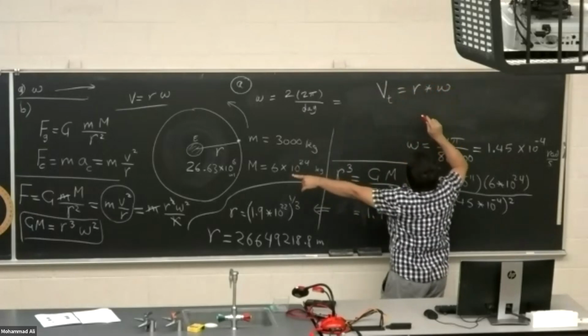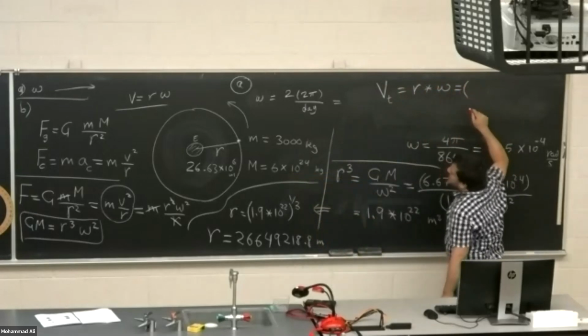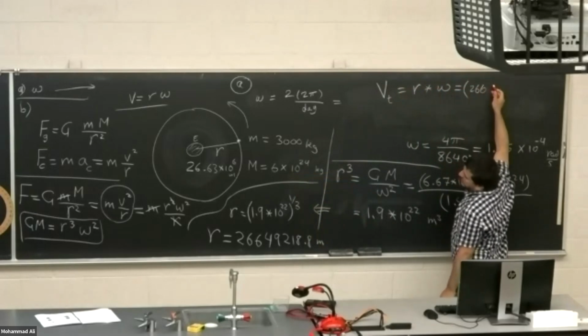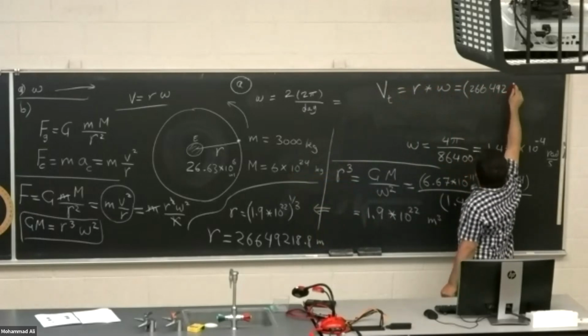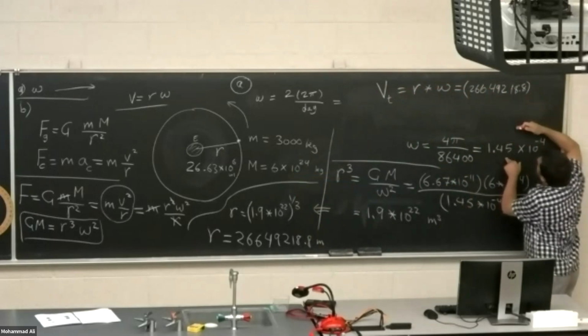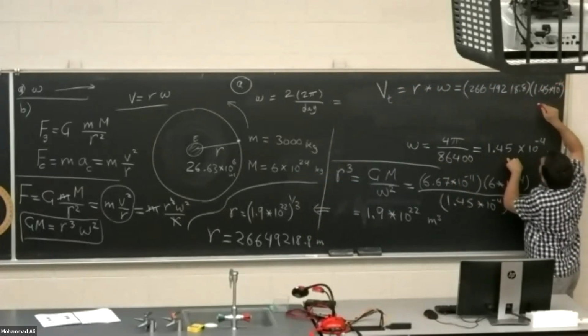This is R, 266,492,18.8, multiplied by this omega, which is 1.45 multiplied by 10 to minus 4.